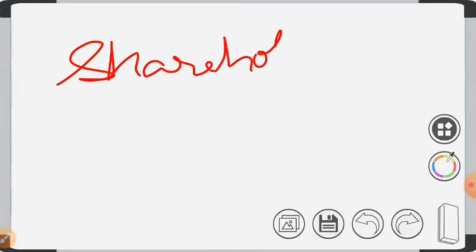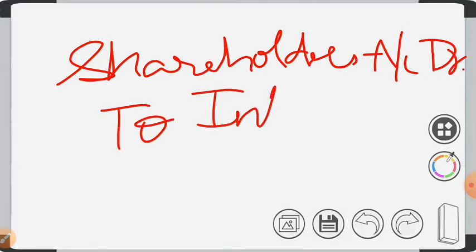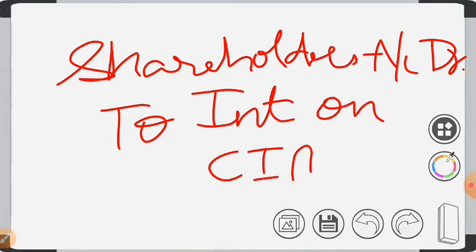So the journal entry would be shareholders account debited to interest on calls in arrears. Let me write it. Shareholders account debited to interest on calls in arrears account.